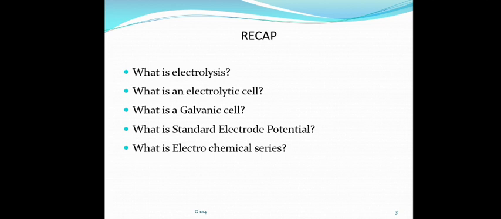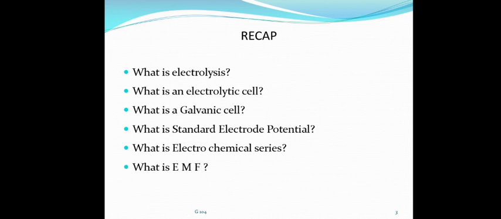So electrodes at the top have the least reduction potential, which means they easily undergo oxidation, whereas the ones at the bottom undergo reduction. So when you compare any two metals, the metal which is at the top in the electrochemical series acts as the anode, and the one below it acts as the cathode, due to their oxidation reduction properties.